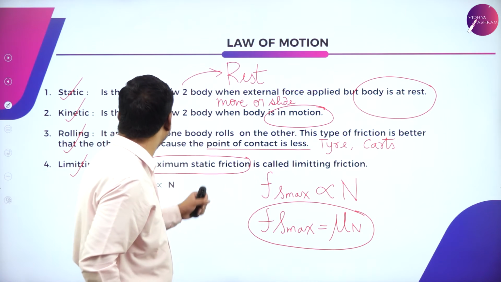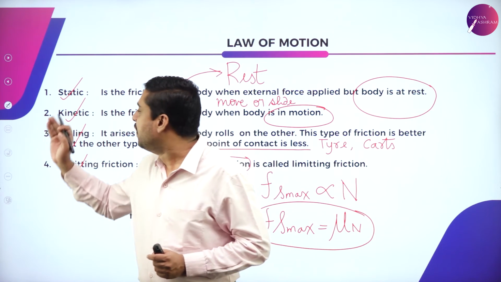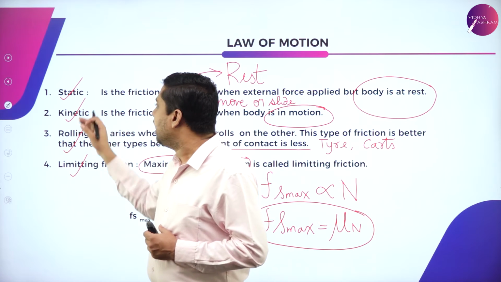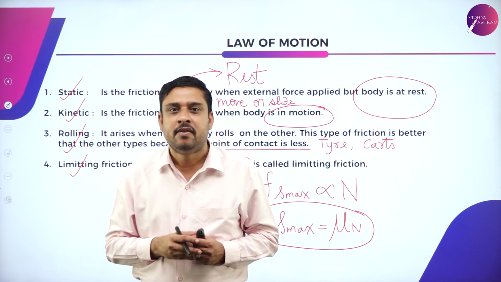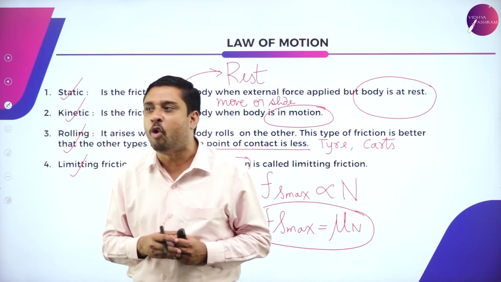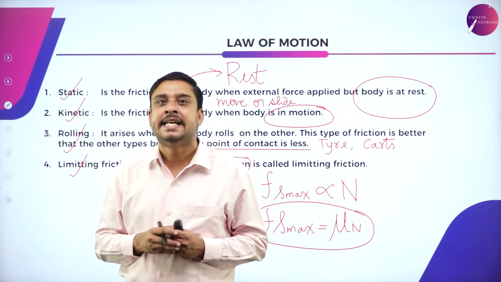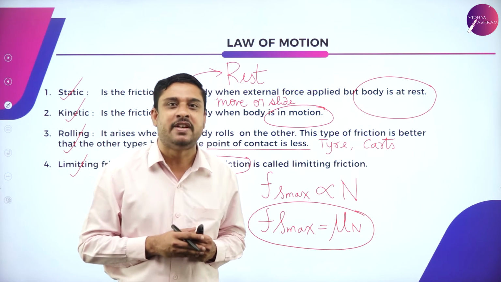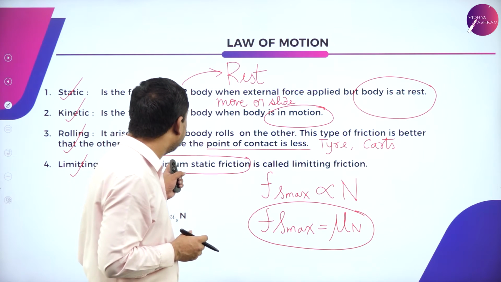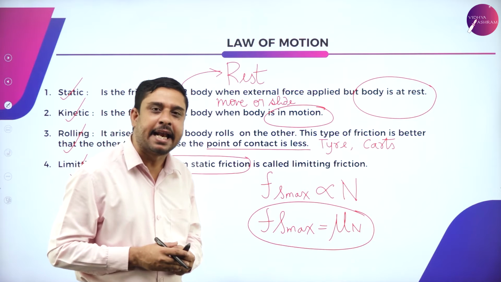So the four types of friction are: static friction, where the two surfaces in contact are at rest; kinetic friction, where they move or slide over each other; rolling friction, where spherical bodies roll with respect to each other; and limiting friction, the maximum static friction a body exerts on another surface.